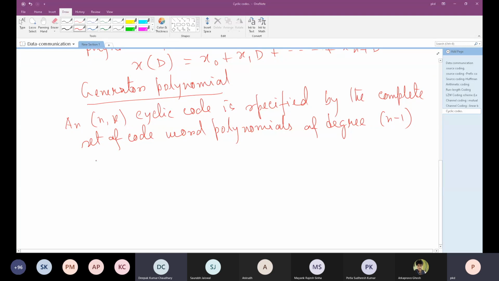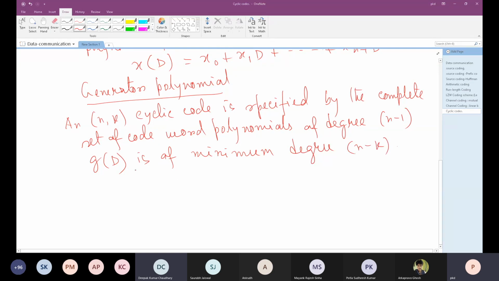G(D) is of degree n minus k, minimum degree n minus k.